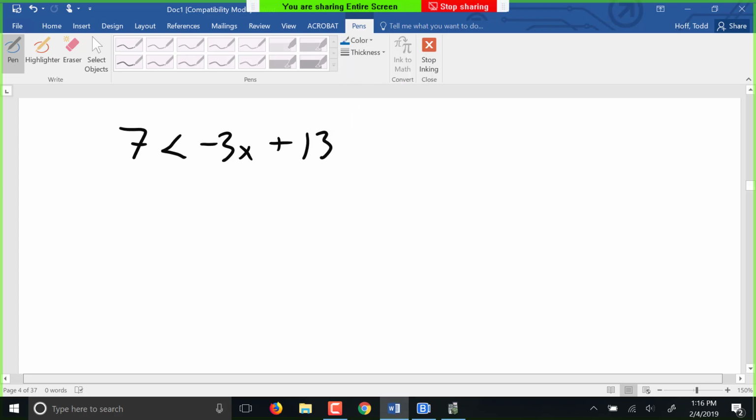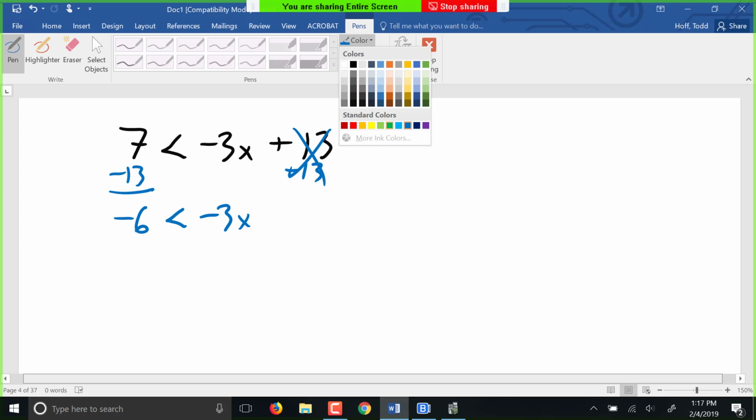So let's look at something like this. 7 is less than negative 3x plus 13. Where do we start? Subtract 13. 7 minus 13 is a negative 6. So that 13 is gone on the right side. So negative 6 is less than negative 3x. Now what?